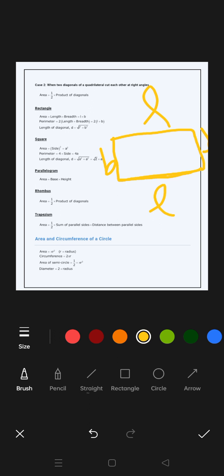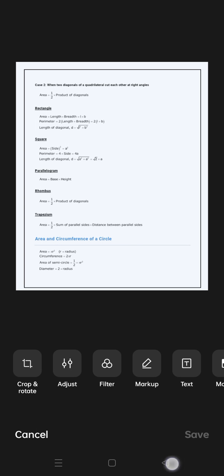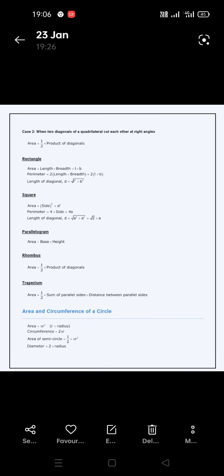Now the perimeter is 2 times L plus B, as I told you previously that 2L and 2B form the perimeter of a rectangle, meaning 2 becomes common. Now what is the length of its diagonal? The diagonal D is equal to under root L square plus B square.